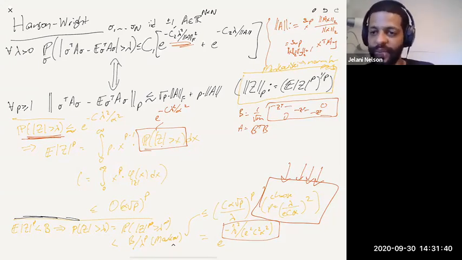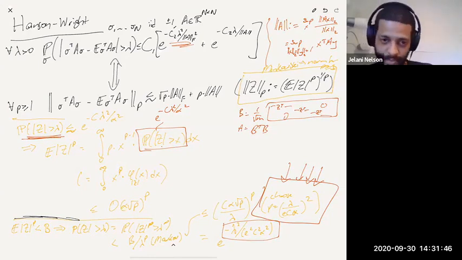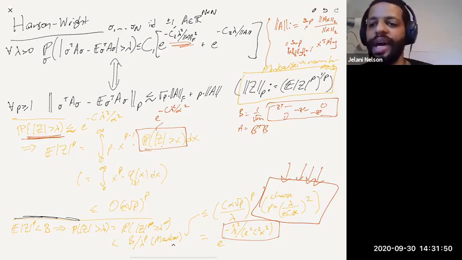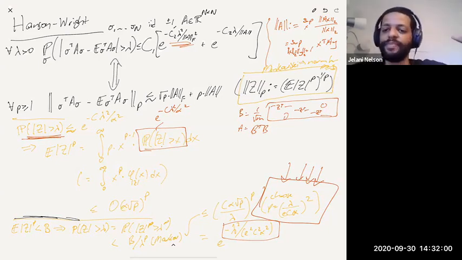Log 1 over delta is now basically O of log n, so we just need O of log n-wise independence. So we already know that to get JL, it's enough that your random matrix only has O of log n-wise independent entries. Which means even though your matrix is big, m by d, it can be represented succinctly, because the entire matrix is specified by a bounded independent hash function.